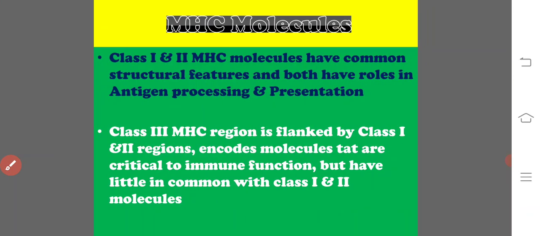And coming to MHC molecules in general, class 1 and class 2 MHC molecules have common structural features, and both have roles in antigen processing and presentation. Whereas the class 3 MHC region is flanked by class 1 and class 2 regions and encodes molecules that are critical to immune function but have little in common with class 1 and class 2 molecules.